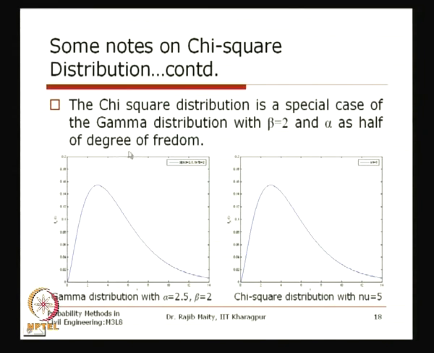Now, this is a gamma distribution with 2 parameters: beta is 2 and alpha is equal to half of the degrees of freedom, that is 2.5. If we plot a gamma distribution with alpha equals 2.5 and beta equals 2, then we get exactly the same PDF as for the chi-square distribution with 5 degrees of freedom. So, this is the relation between the chi-square distribution and the gamma distribution.